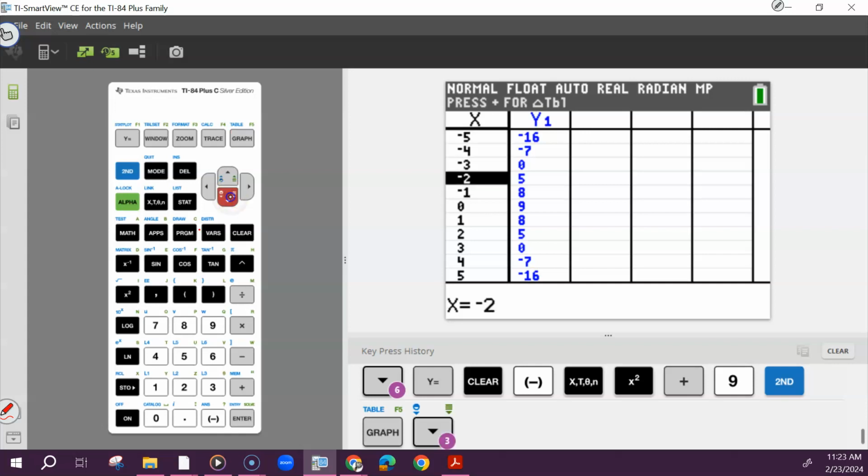Go ahead and fill out that table with those points.